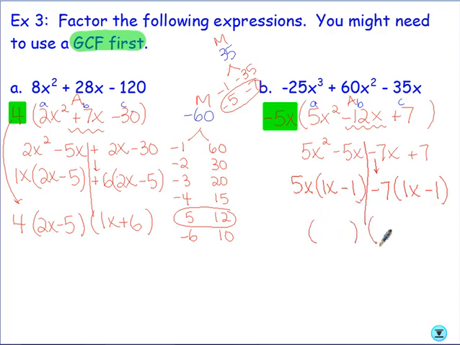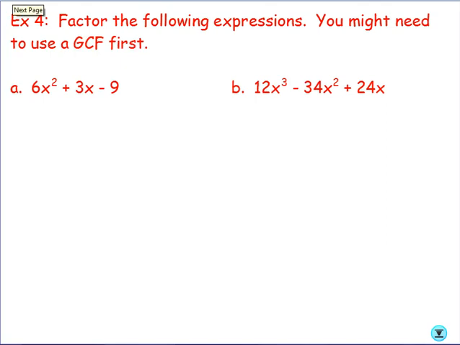I'm ready to do insides and outsides. 1x minus 1 is on the inside. 5x minus 7 is on the outside. Also on the outside is my negative 5x. Right, so pause the video, try both parts of example 4 on your own, and when you're ready to check, go ahead and unpause it.